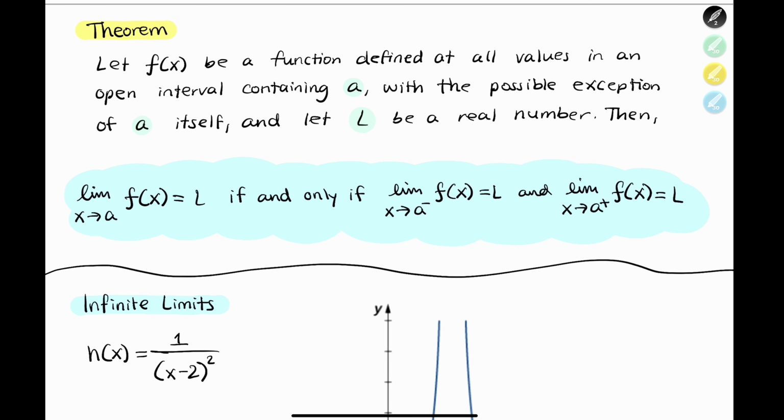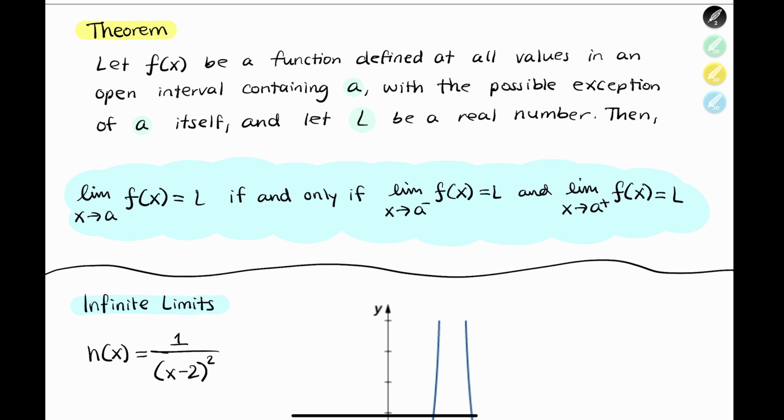Now let's look at our first theorem of section 2.2. So it says, let f of x be a function defined at all values in an open interval containing a, with the possible exception of a itself, and let L be a real number.